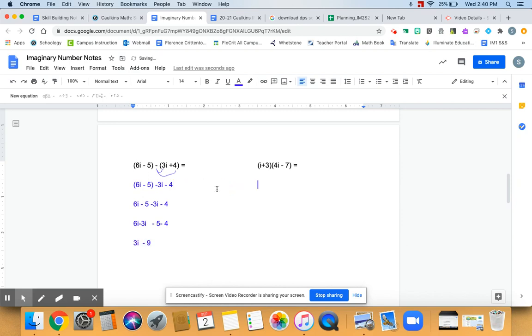I have to do the same thing for this one now. This one's a little bit different because there's nothing in front of this parentheses, like no other number, no plus or minus. What's in front of it is a whole other parentheses. And so that means I have to take this whole first parentheses and multiply it to the whole second parentheses.